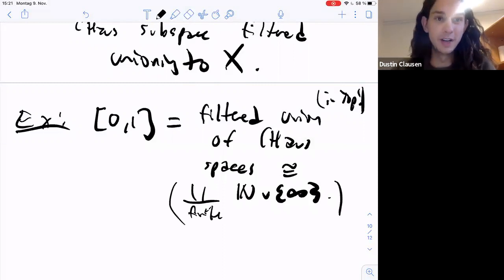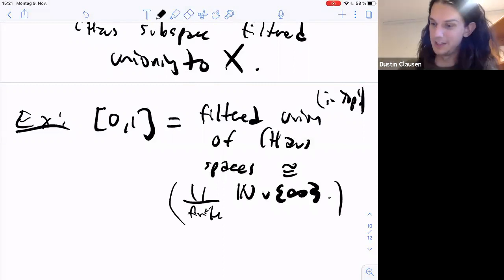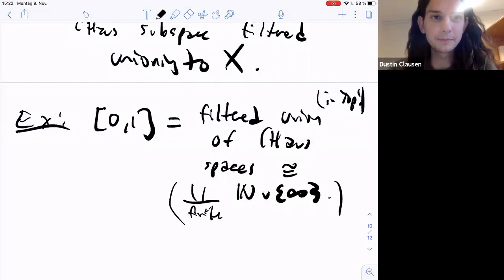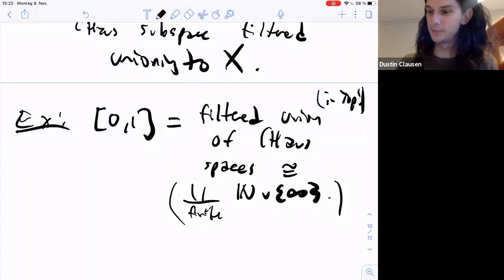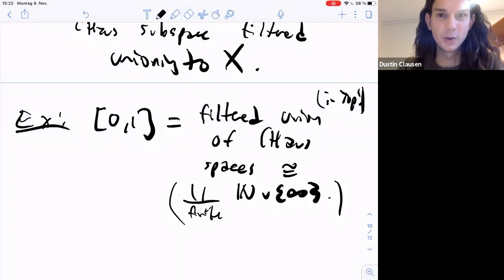Take all of the copies of this space that you see sitting inside your [0,1]. So this is filtered because I said you take finite disjoint unions, so a union of any two such subspaces will still be such a subspace. And I claim that in the category of topological spaces, this is a filtered colimit diagram. That's just the same thing as saying the topology is sequential: a set is open if and only if its intersection with every convergent sequence plus its limit is open.